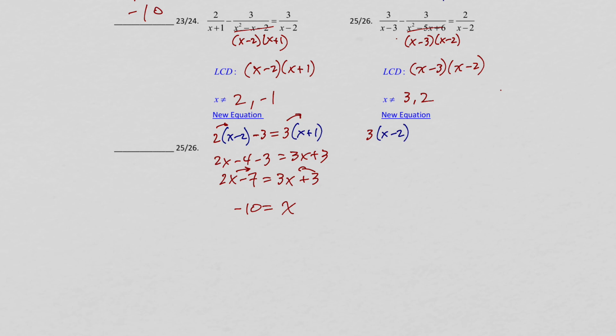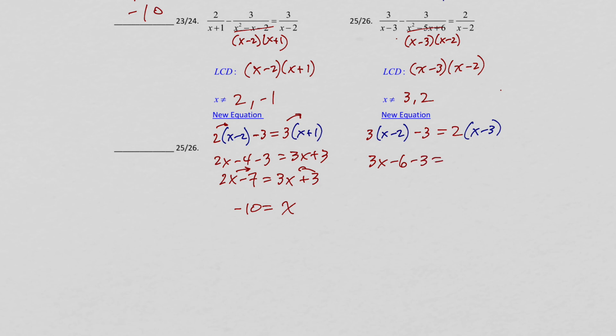Then we have minus 3, the numerator, and I multiply this by what's missing from the denominator, and nothing's missing. So then we have equals the numerator 2, and I'm going to multiply this by what's missing from the denominator, x minus 3. So here I'll distribute the 3 and I'll get 3x minus 6.